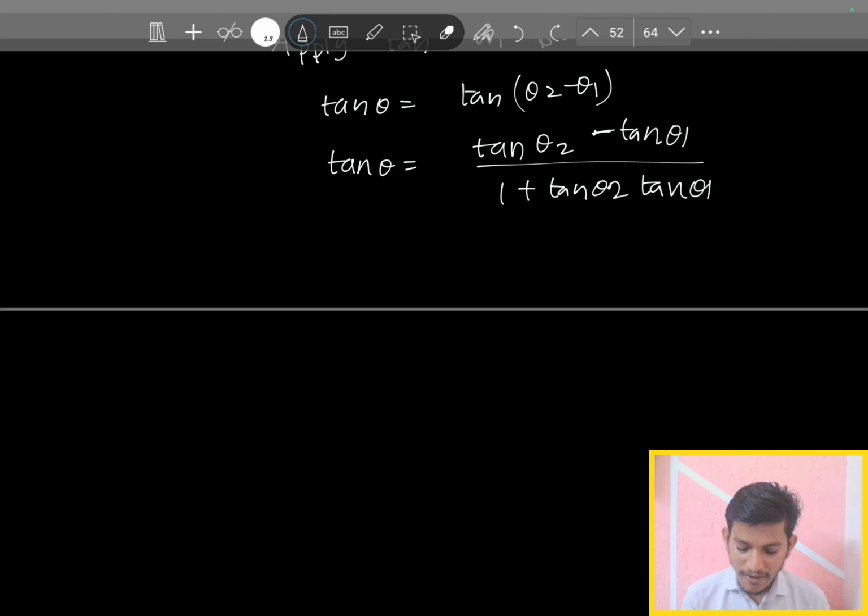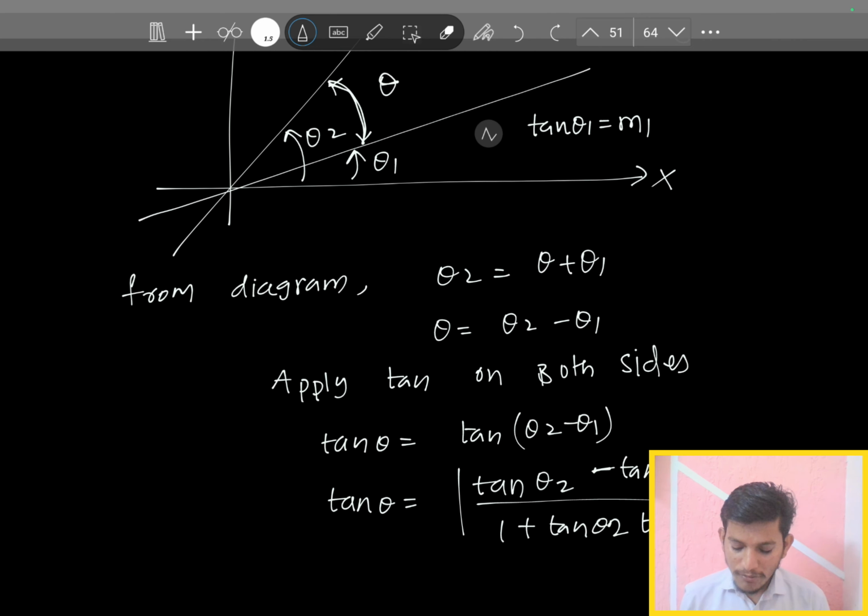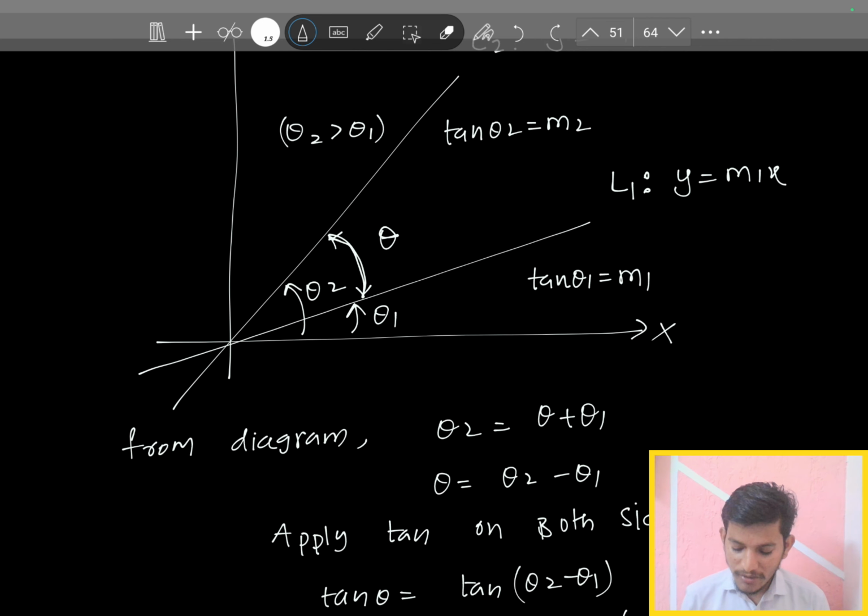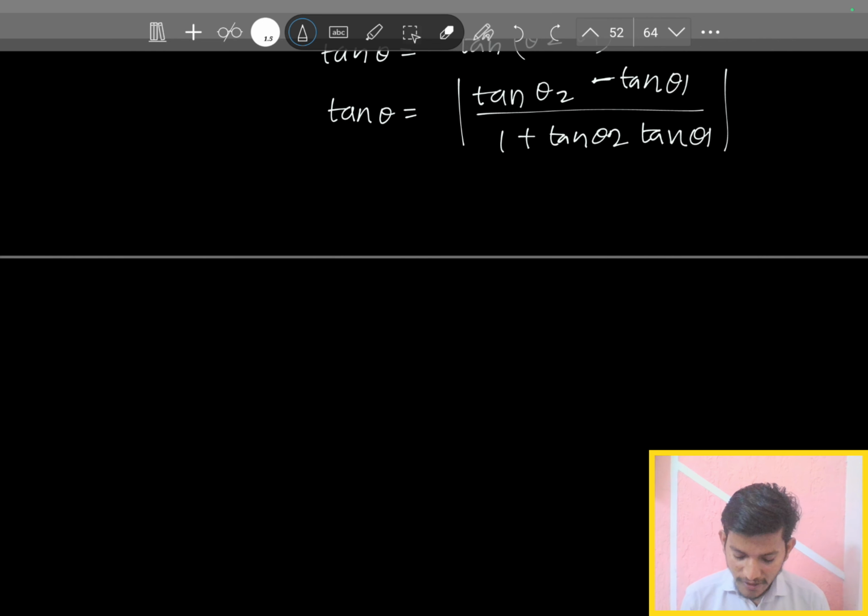So we have to apply modulus of this one. Just now I have told you tan theta 2 is nothing but m2 and tan theta 1 is nothing but m1. So substituting the same, tan theta will be equal to m2 minus m1 whole divided by 1 plus m1 into m2. We just need to mention modulus of this one.